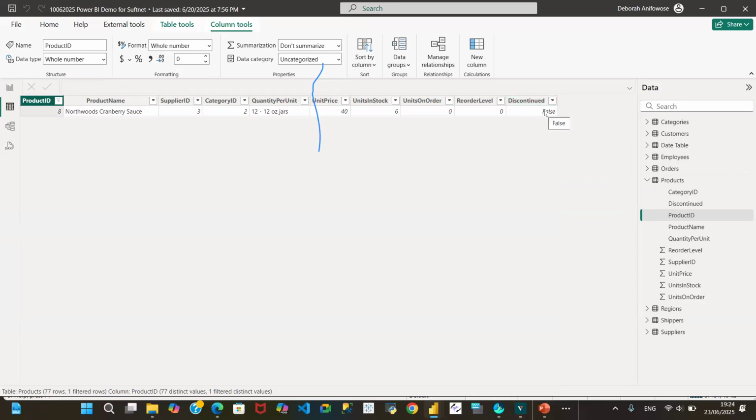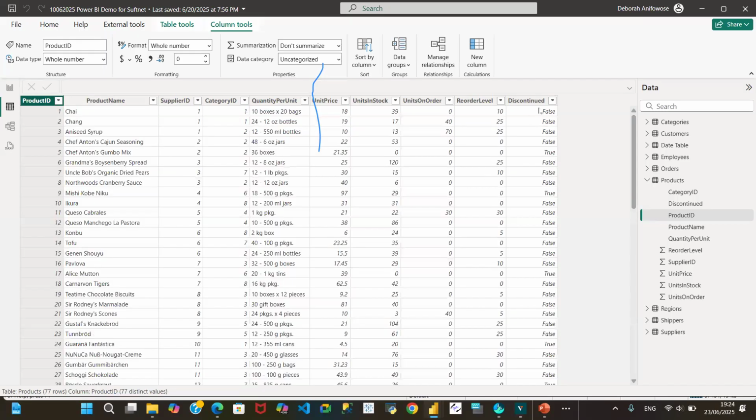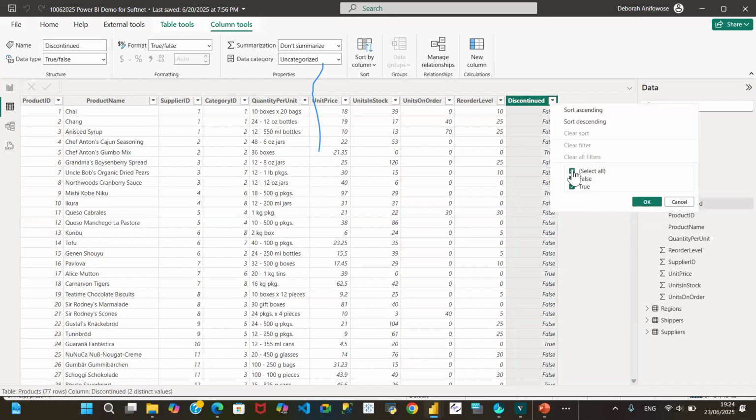So you see, I can easily check on here and see that it's got a false for discontinued, which means it's still a product that we sell, okay? Or maybe I just want to check up which of the products here are actually discontinued that we don't use anymore.